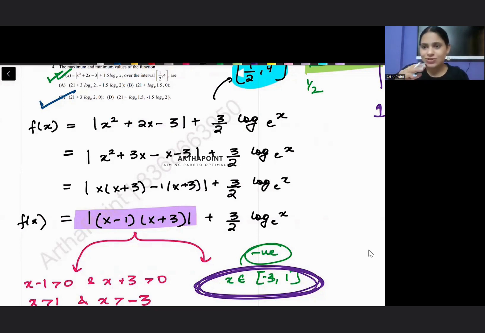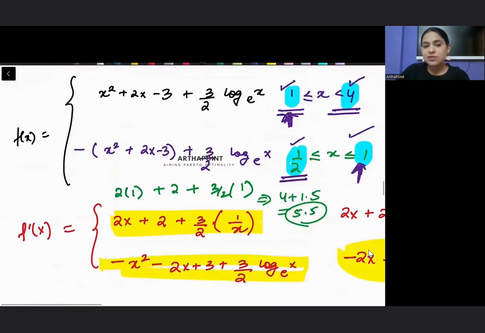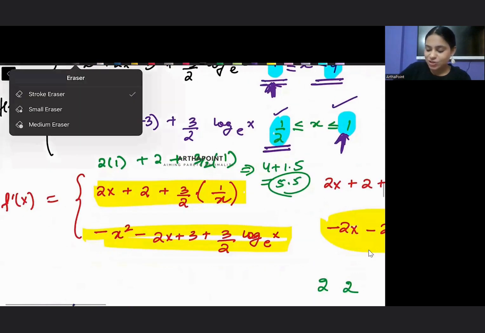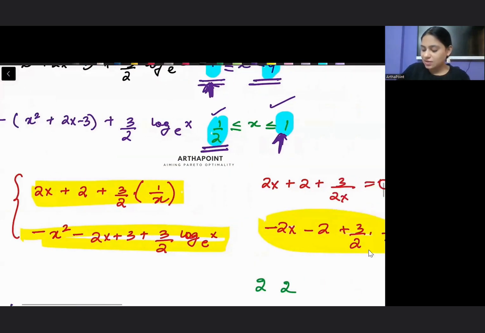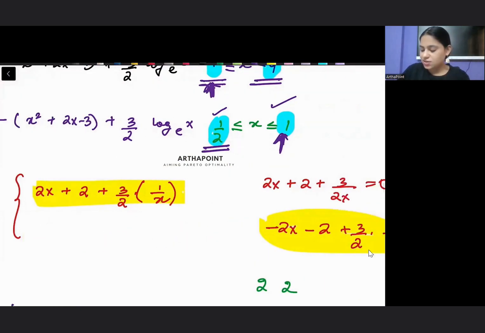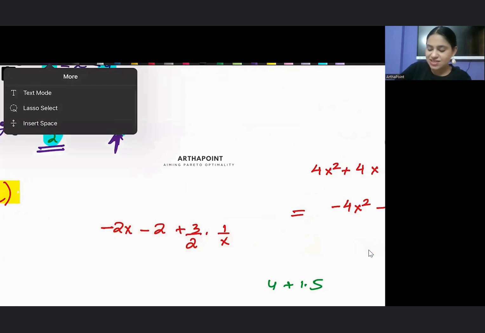You will plot the function, right? So what you will realize, beta, is that once you have found this f dash x, let's go back to this f dash x. This is my f dash x here, and this is my f dash x here. Let me just take this here.